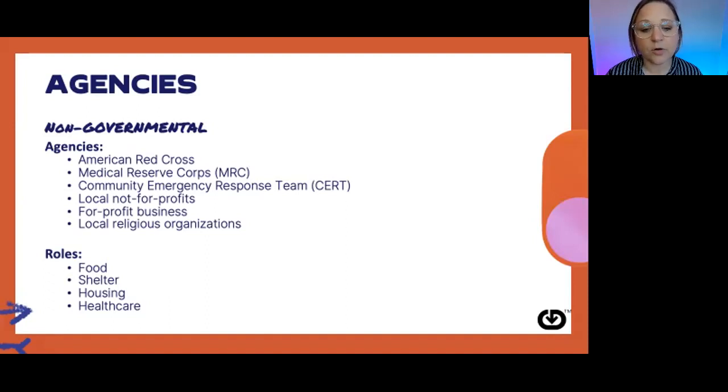You can see local not-for-profits and for-profit businesses being involved in providing resources, shelter, and other needs during a disaster. And of course, the local religious organizations are often used as public shelters and places for distribution centers. Now, the roles of non-governmental agencies are things like food, shelter, housing, and for the MRCs and CERTs, certainly healthcare would be a part of that as well.